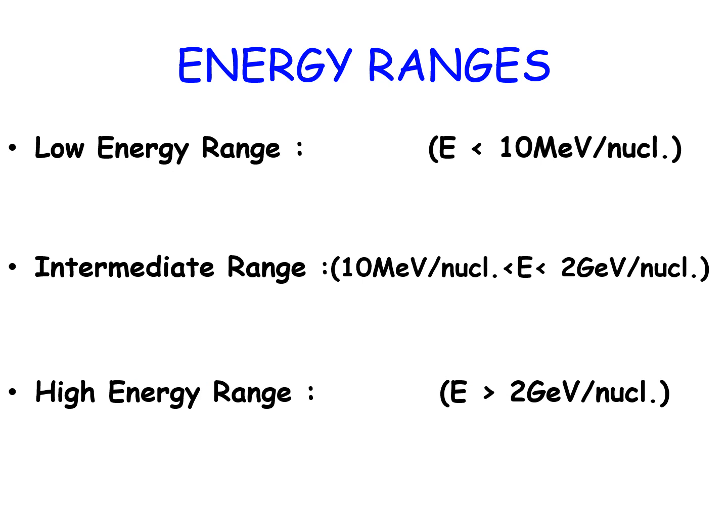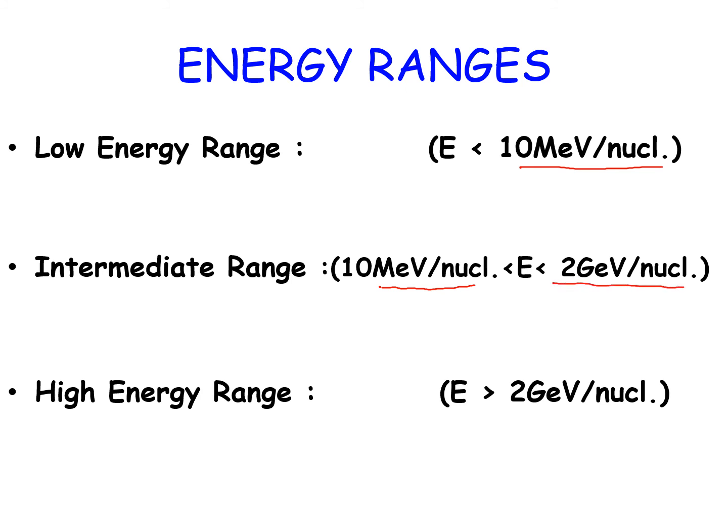Now, these are the different energy ranges. First one is the low energy range, where the energy is less than 10 MeV per nucleon. MeV means mega electron volt per nucleon. In this energy range, we mainly discuss the nuclear structure. Second is the intermediate energy range, where the energy lies between 10 MeV per nucleon to 2 giga electron volt per nucleon.